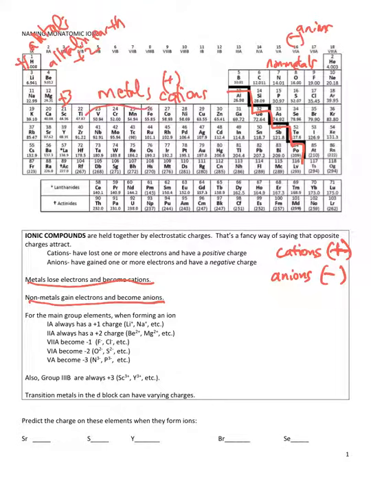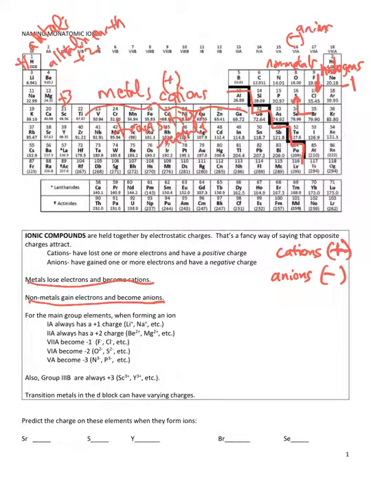And then in what's called the D block, or the transition metals, they can have varying charges. And that will come into play as we go through this lesson. If we look over at the nonmetals, the halogens, when they make an ion, a negative ion, an anion, they're going to have a -1 charge.